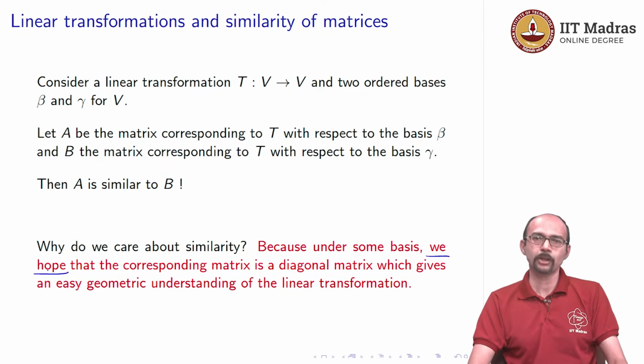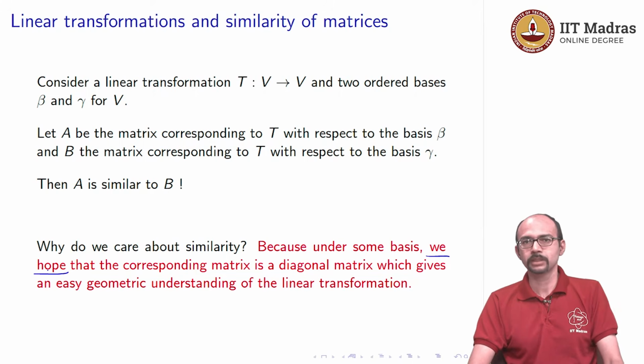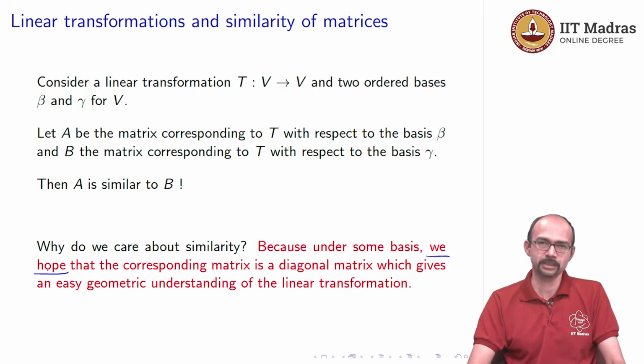So, let us quickly recall what we have done in this video. We have seen the notion of similarity and equivalence of matrices. Both of these are equivalence relations. Equivalence is for rectangular matrices, which means matrices which need not be square. We say they are equivalent if B is QAP, then A and B are equivalent. For similarity, we say that B is P inverse AP.